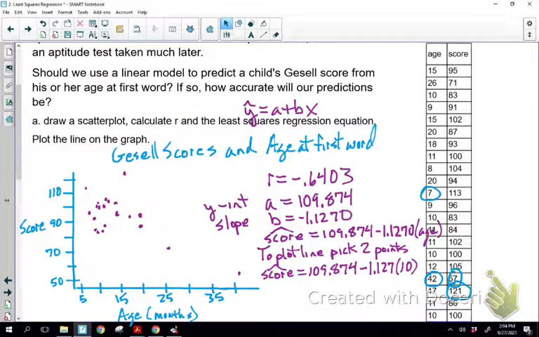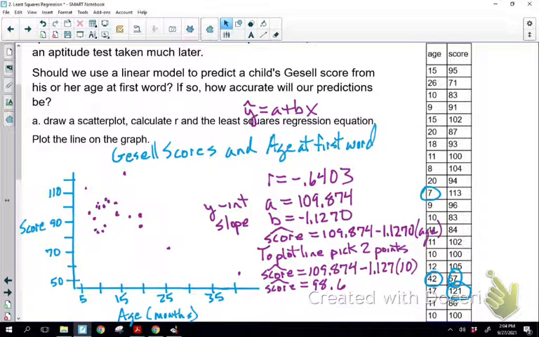I picked 10. So I plug that in, and I get a predicted score of 98.6. Let's make a dot for that.